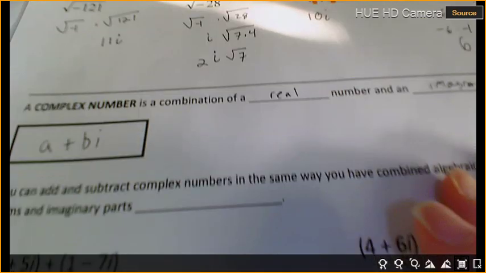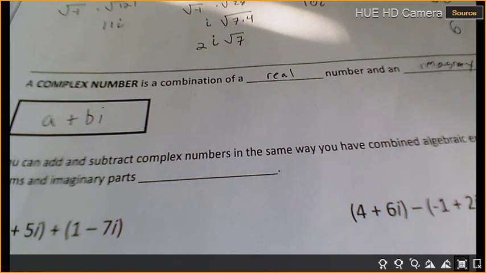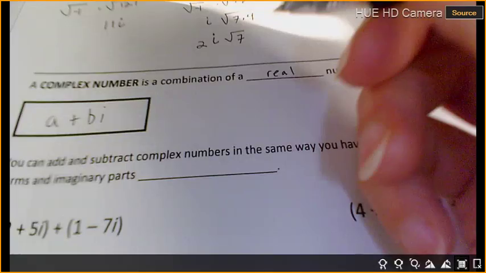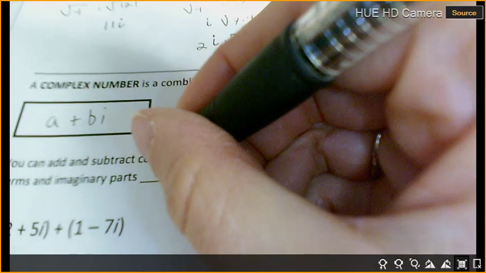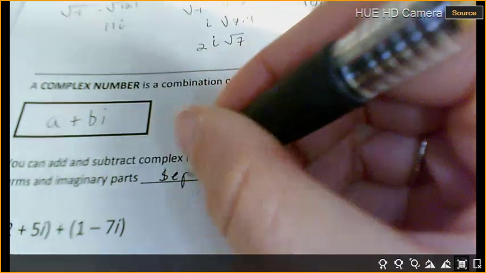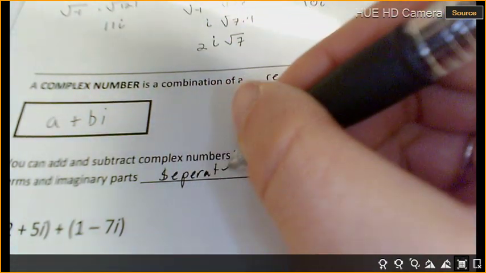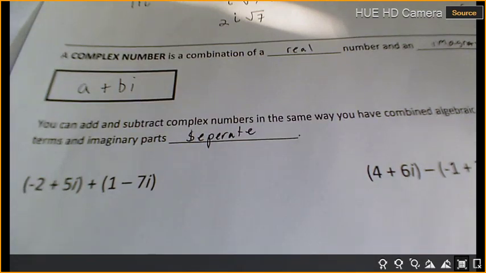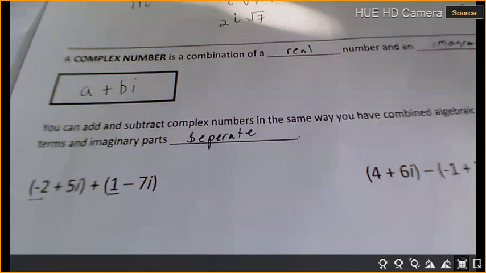You can add and subtract complex numbers in the same way you have combined algebraic expressions. You keep your real terms and your imaginary terms separate. So we're just going to do this addition one right here. What's negative 2 plus 1?